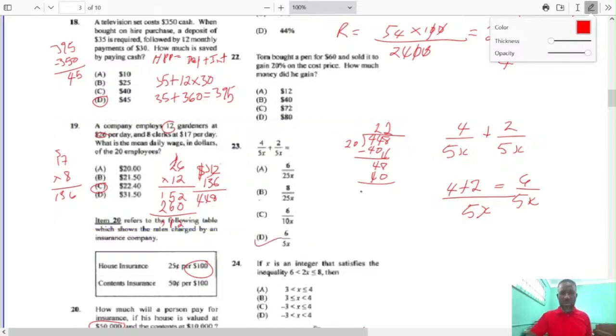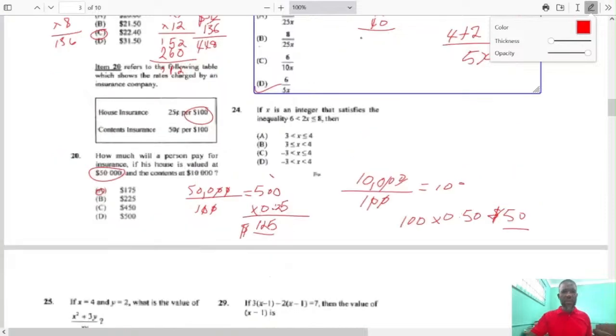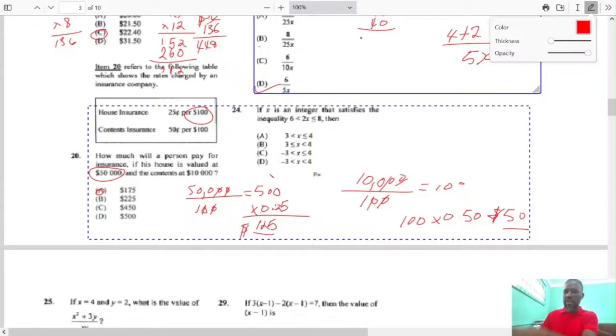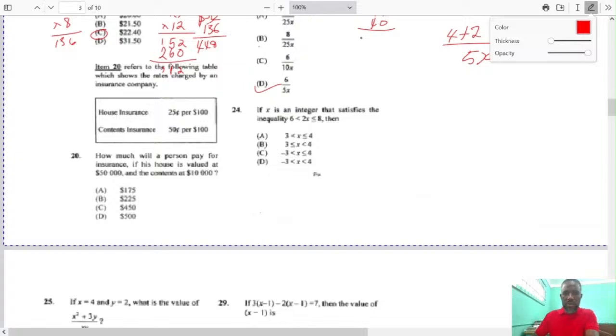Going down to number 24, it says if x is an integer that satisfies the inequality, and this is the inequality here, then it satisfies the inequality 6 less than 2x less than or equal to 8. Basically what we are going to first do is divide through by 2.